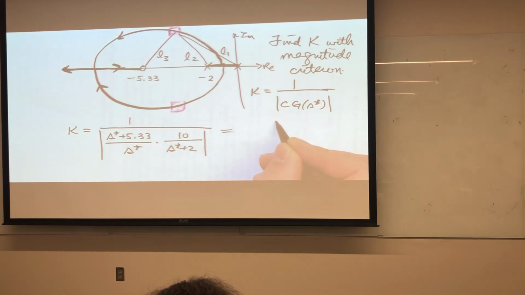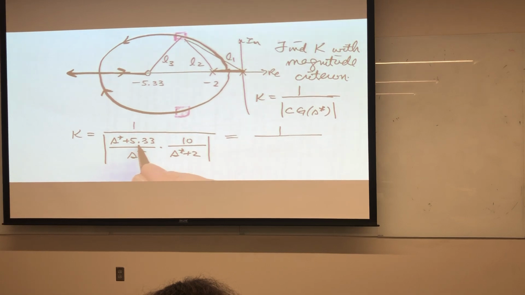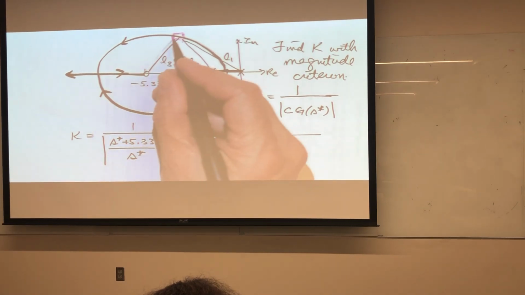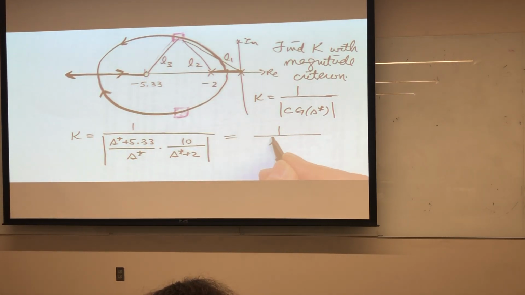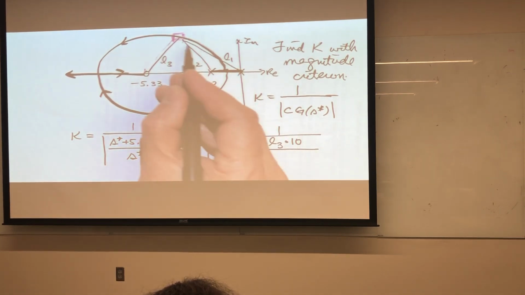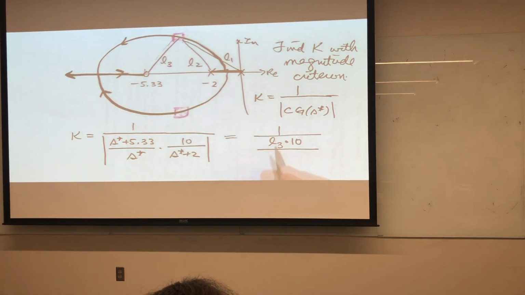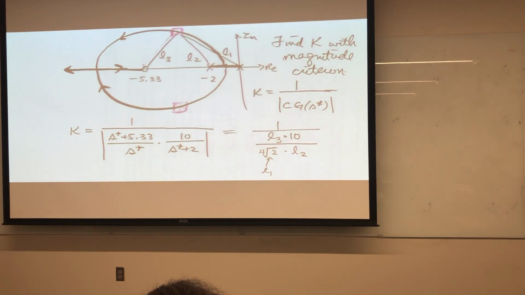Back to the magnitude criterion: s star plus 5.33, that's evaluating this length, L3, and I have to multiply by 10, because that's the process gain. s star is this length, which I know is 4 times square root 2. That's L1. And then this length, L2, also has to be put in.